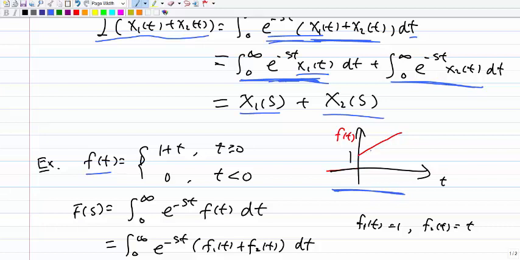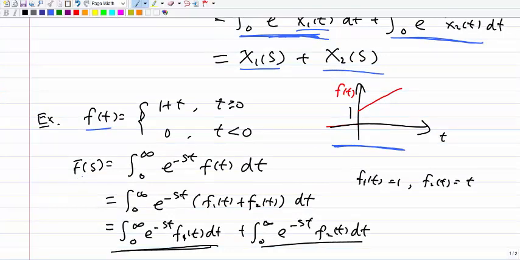To the left of the imaginary axis you get 0. On the right-hand side, when t starts from 0 it is 1, then it grows linearly. By the definition of the Laplace transform, F(s) is the integration from 0 to infinity of e to the minus st f(t).